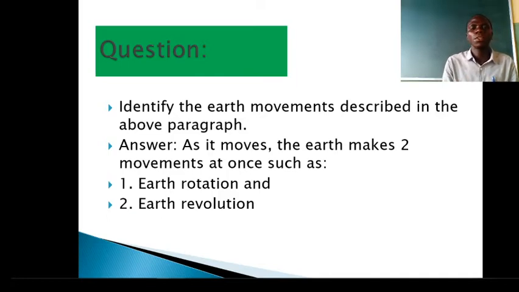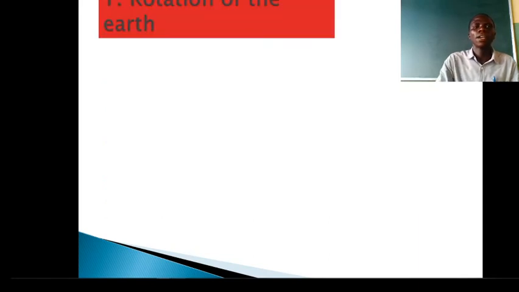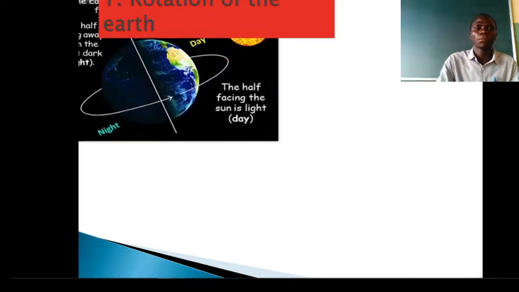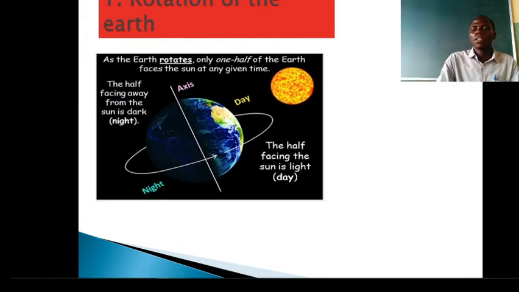During this lesson, we are going to examine these two movements of the Earth. We will explore also their effects. Let's start with rotation of the Earth. Dear students, observe this image.